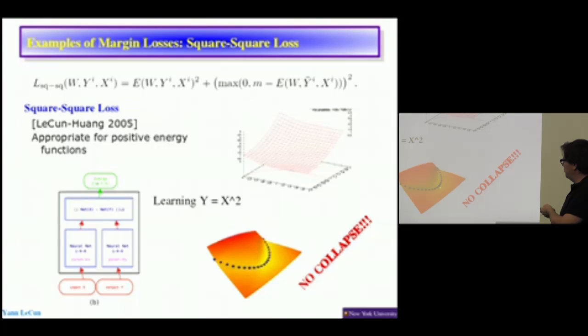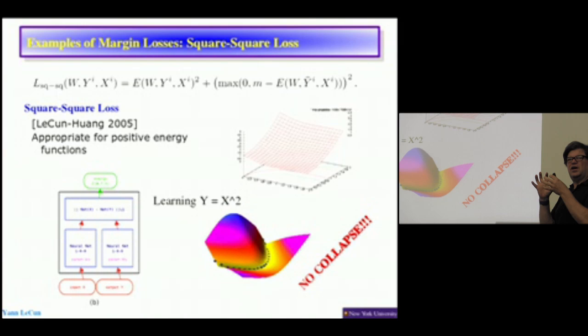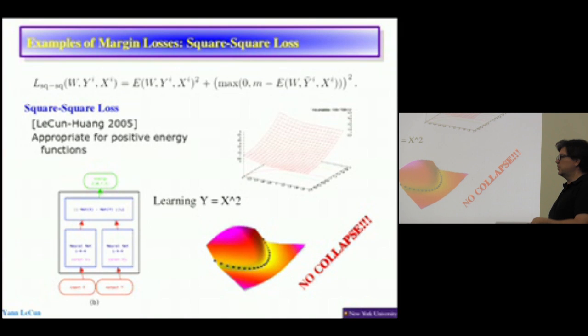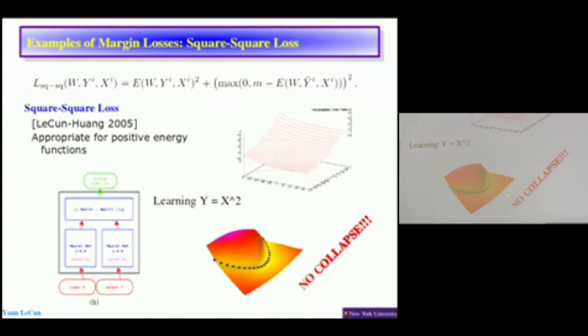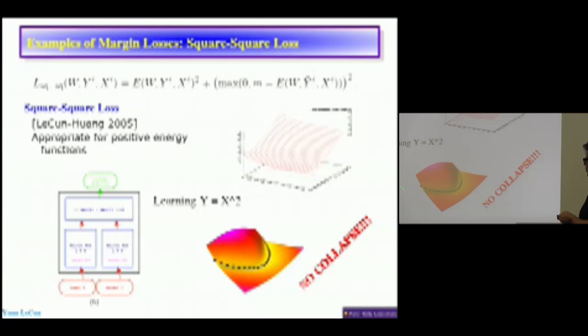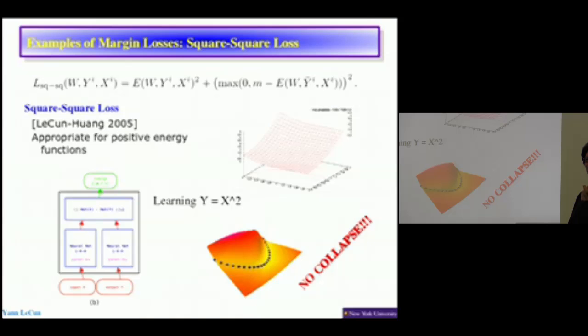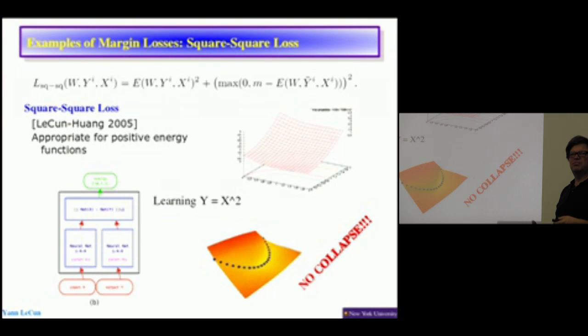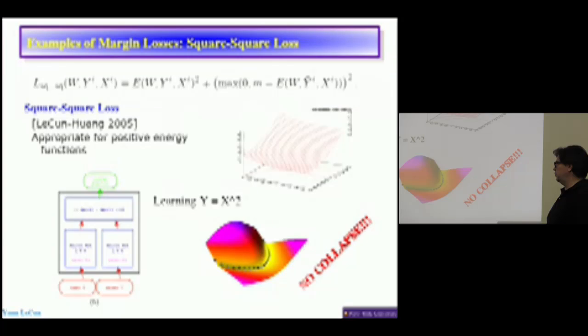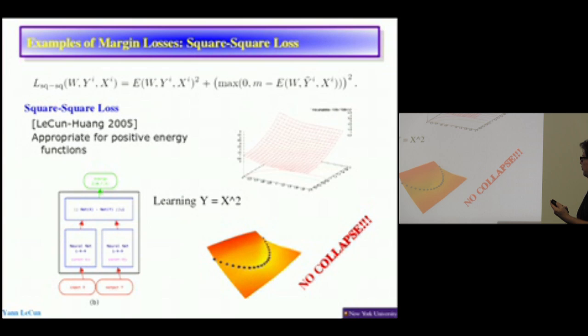You have a bunch of data points, and you want to build a box that gives low energy to the data points and higher energies to everything else. In the supervised case, we consider that one of the variables is always observed and the other one is one we predict. In the unsupervised case, both variables are things we want to predict. We could either predict the first one from the second one, or the second one from the first one. You could think of unsupervised learning as that, predicting a subset of variables from another subset of variables. But other than that, the formulation is identical.